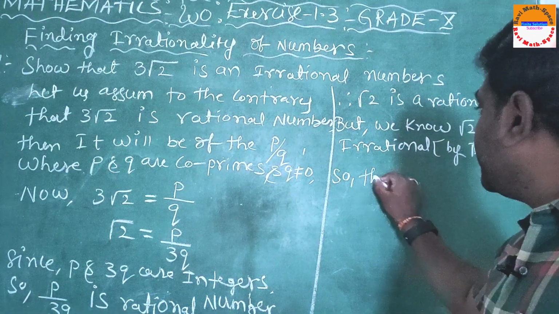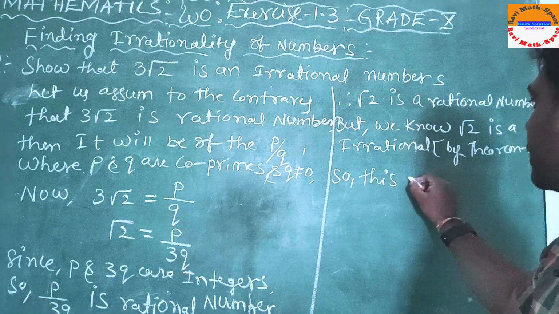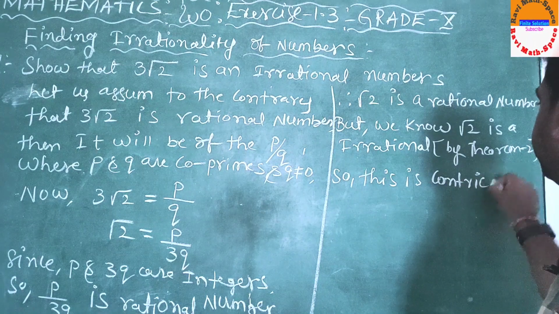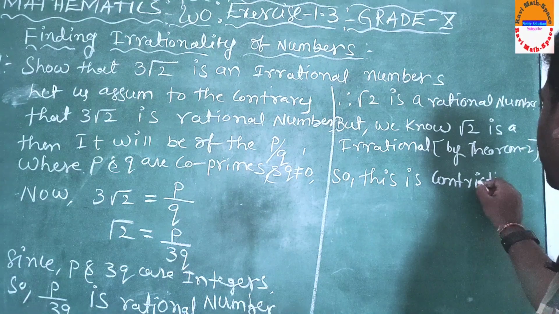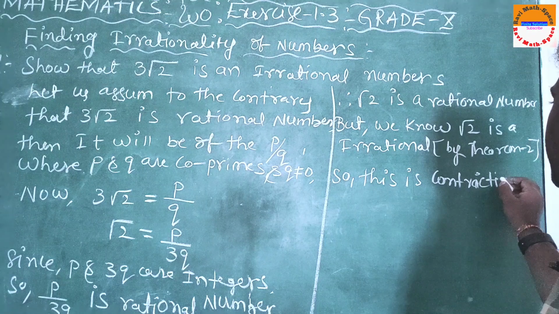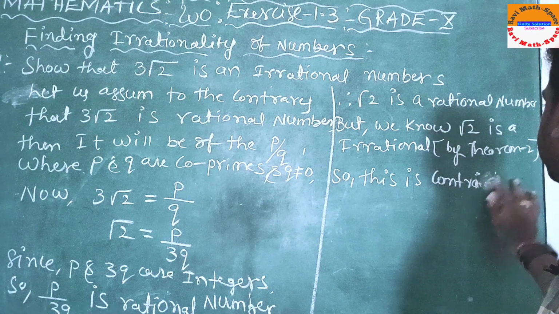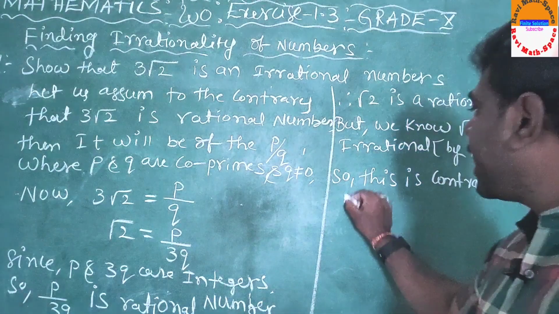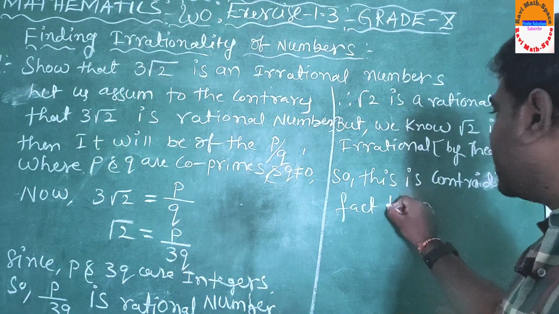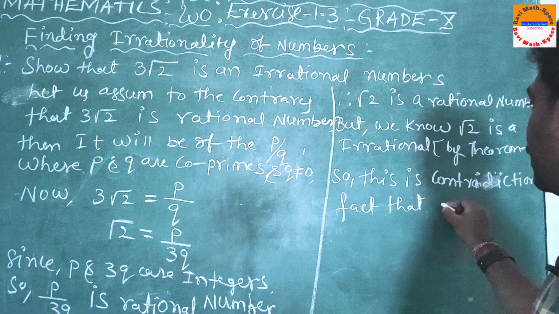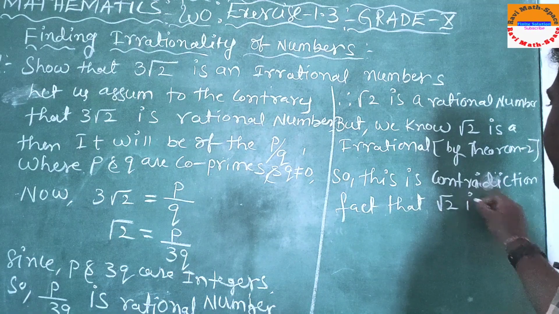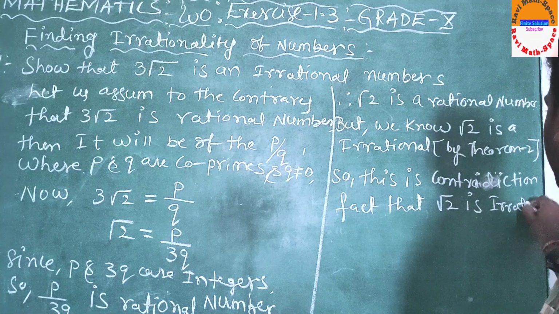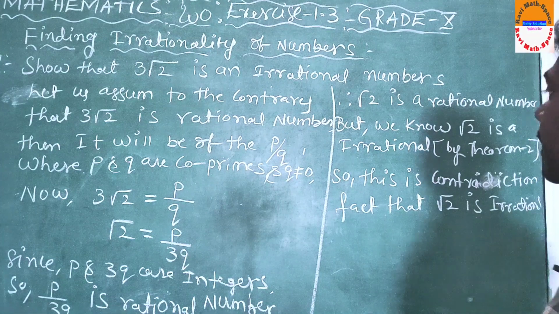So this is a contradiction, contradicting the fact that root 2 is irrational.